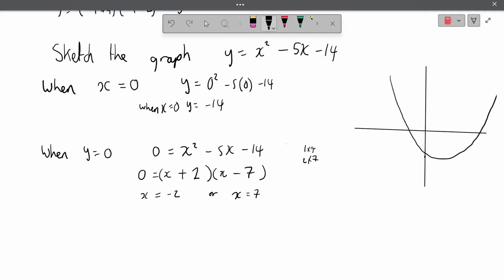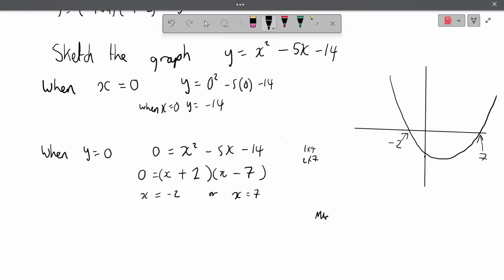We're going to make sure that our minimum point is on the negative side, because this point here is at 7, this point here is at minus 2, and our minimum point is the midpoint of minus 2 and 7.